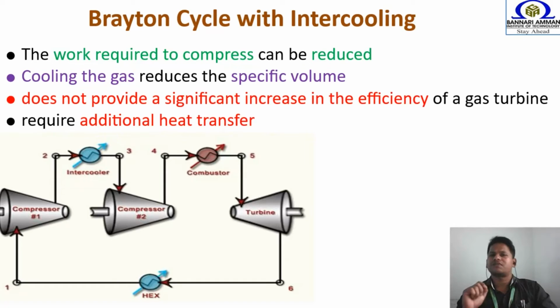But the very important note here is that the efficiency of the Brayton cycle is not significantly improved by using this intercooler. The reason is that when you go for multi-stage compression, the temperature of the pressurized air coming out of the second stage compression is lower than the temperature of the air coming from the ideal Brayton cycle.